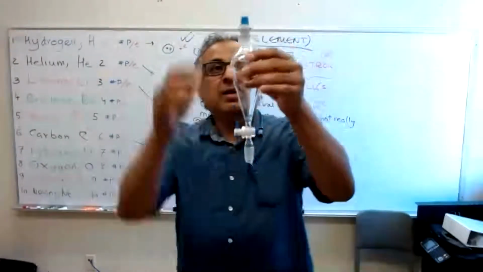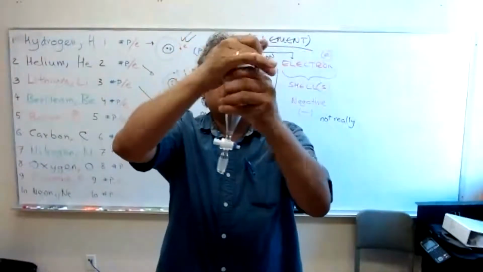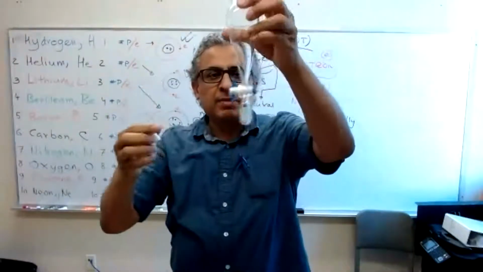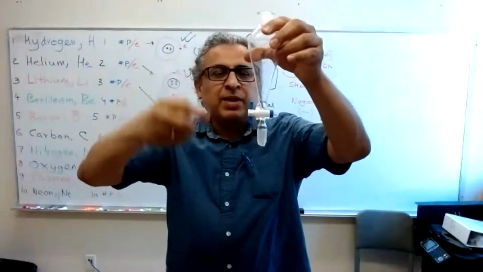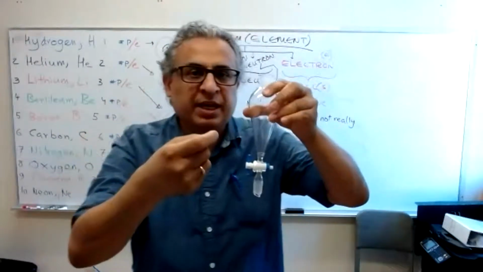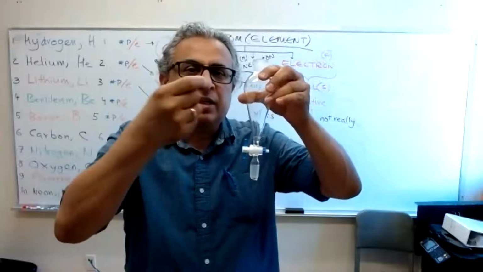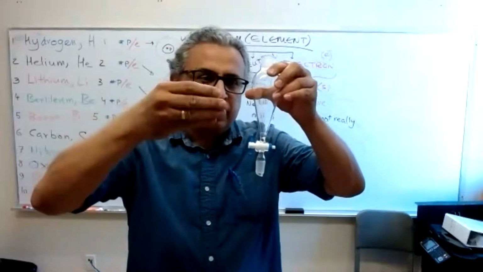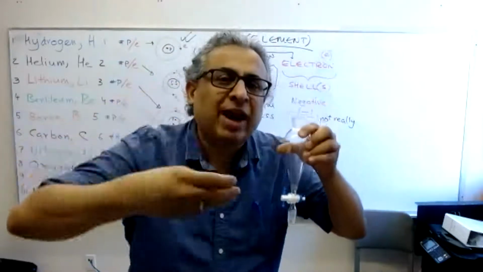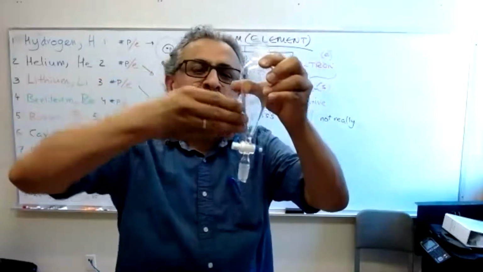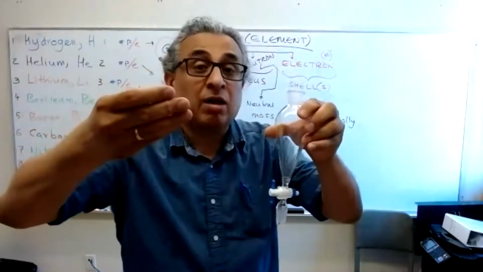Separatory funnel. That's a stopper on top of it to close it. Sometimes when you are mixing something, let's say you have made tea. You have boiled tea in water, filtered it. Now you want to extract the caffeine from that water using an organic solvent, okay?